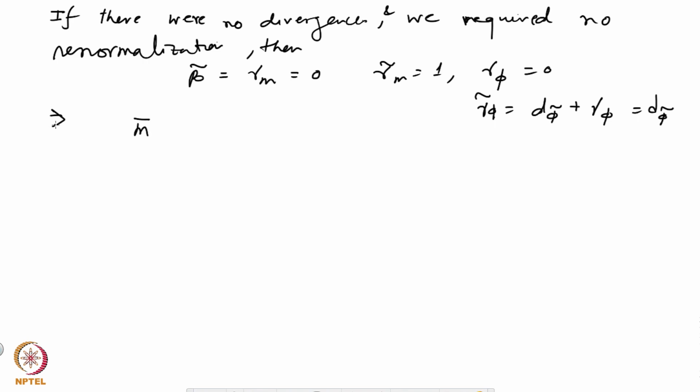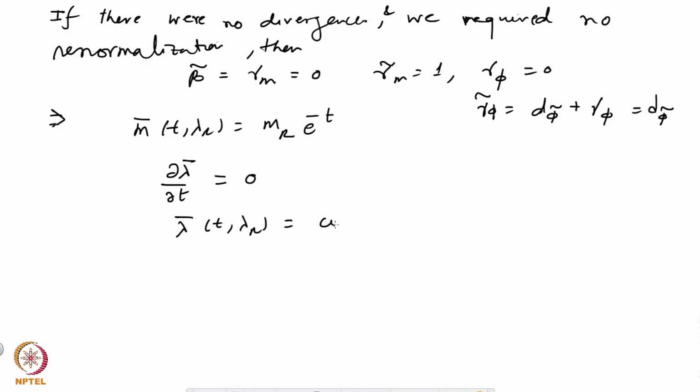We have already seen that m̄ as a function of t is just m_R e^(-t). Now let's look at the behavior of λ̄ in this case, when you don't need renormalization. The beta function β̃ is 0 here, which means that λ̄ is a constant. That's the solution of this equation.